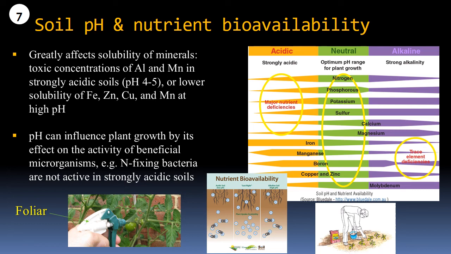So they add, for example, lime, calcium carbonate, to the soil just to bring up the soil pH, and therefore make the macronutrients, which are very essential and needed in a larger quantity by the plant, available to the plant.